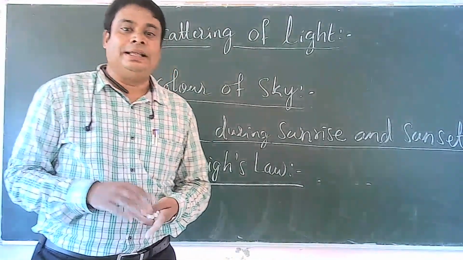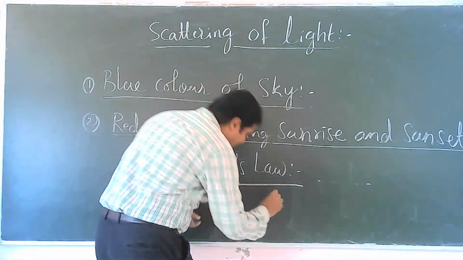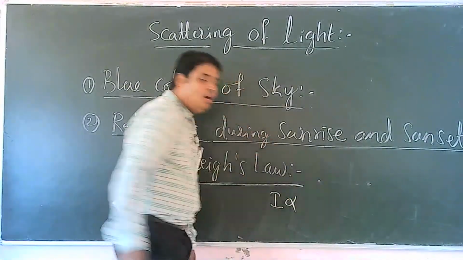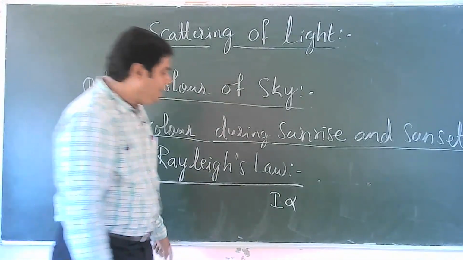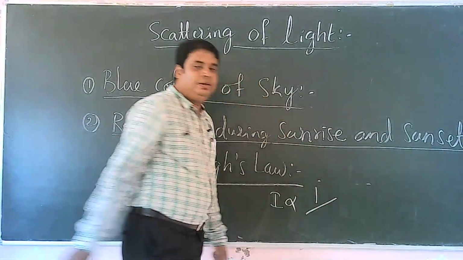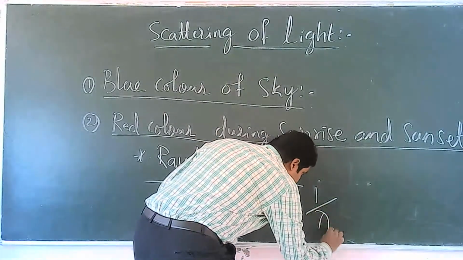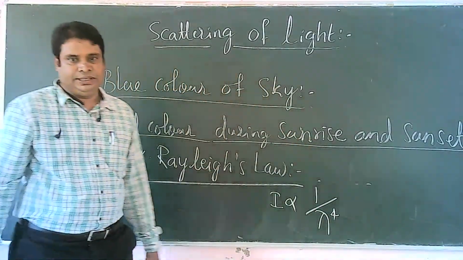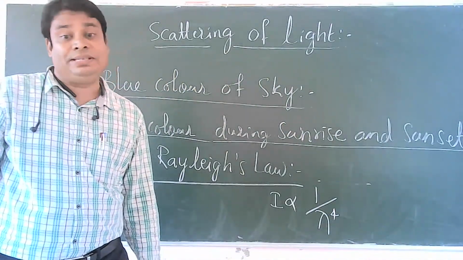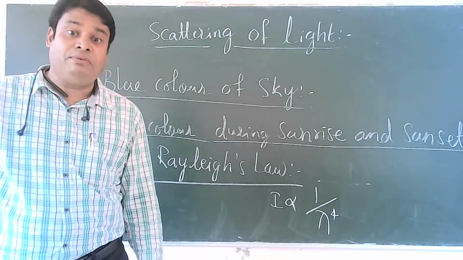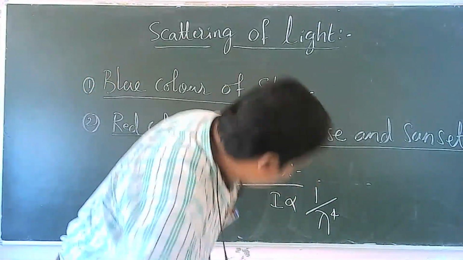According to this law, the intensity of scattered light is inversely proportional to the fourth power of the wavelength of incident light.